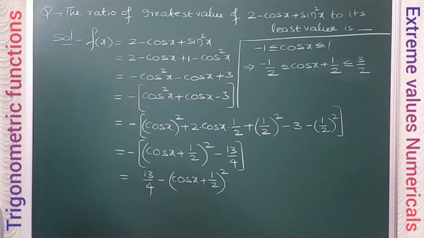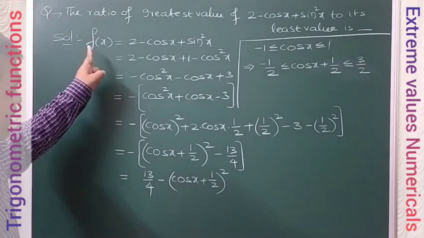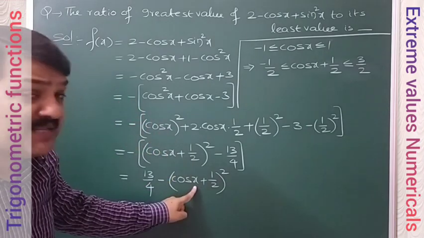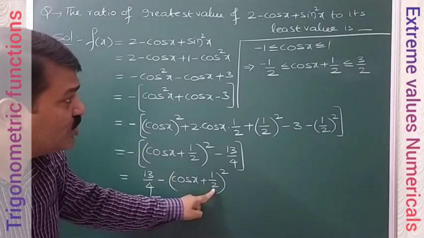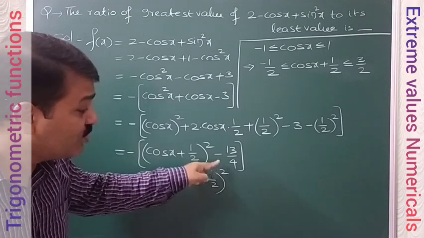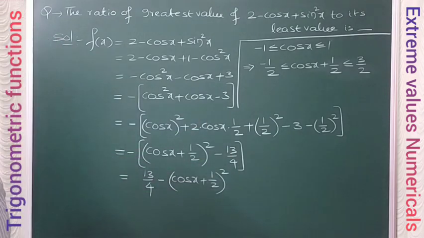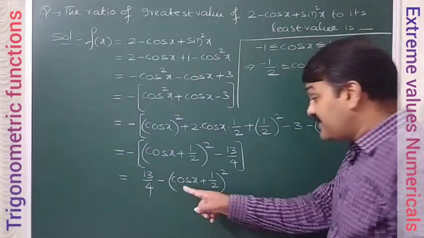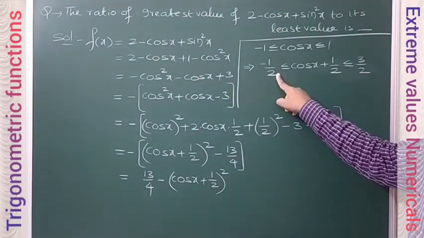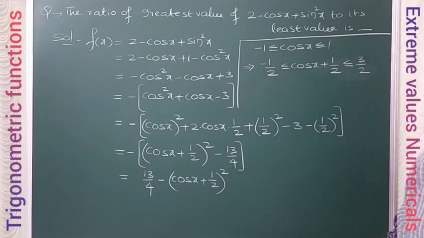So what we have to decide now is when f of x is maximum and when it is minimum. What is the minimum value of (cos x + 1/2)? The whole square of (cos x + 1/2) is there. Agreed, -1/2 is the least value of cos x + 1/2, but the whole square is there, no?